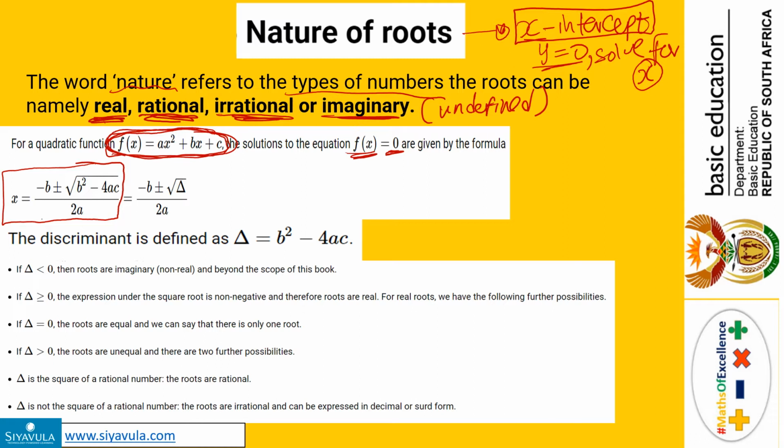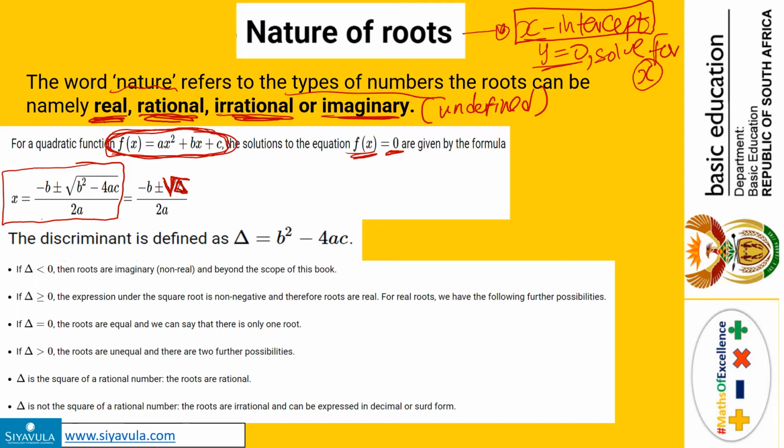Within your quadratic formula, you have a square root, right? Inside your square root, you have something, a triangle. Someone can just say this is a triangle, right? We call that triangle a very important property in your quadratic formula that is very useful for you to determine the nature of your roots.